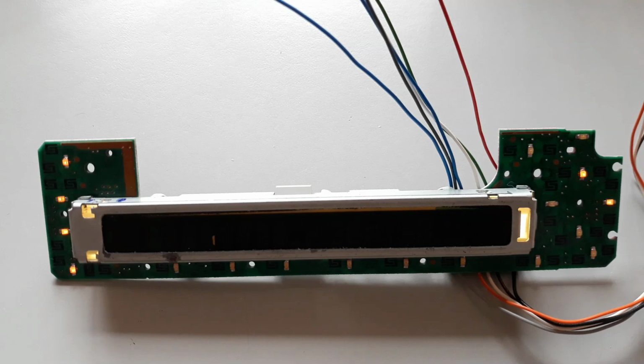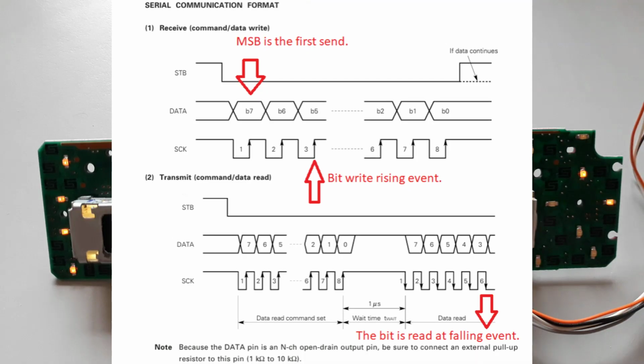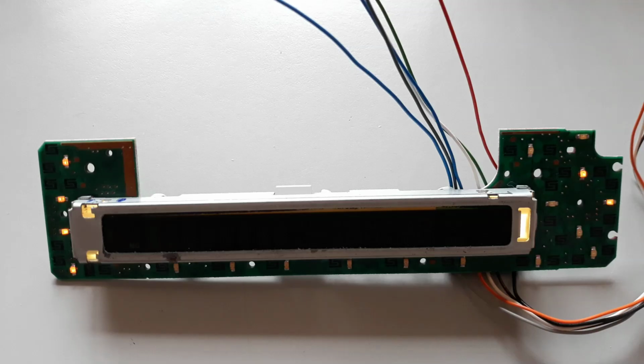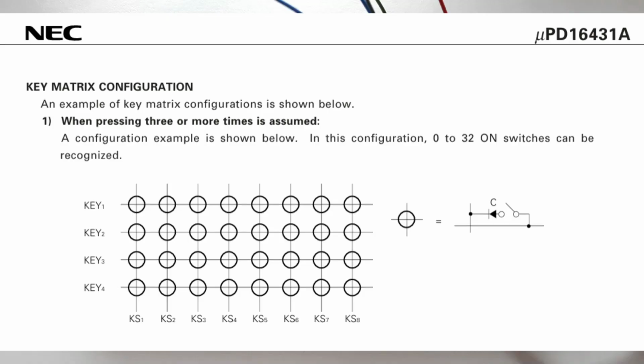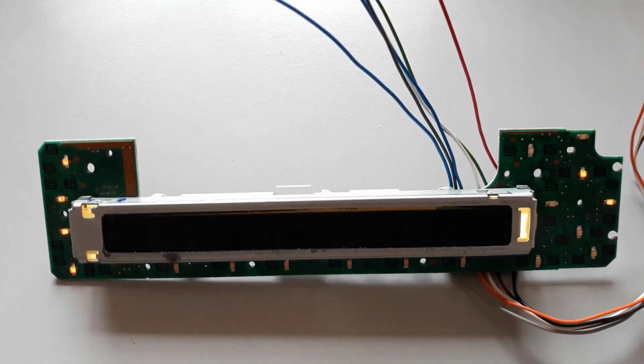Looking at the pin description, we find another important detail. Data is written into the driver on the rising edge of the clock signal, while key scanning takes place on the falling edge. The driver supports a 4x8 keyboard matrix, allowing up to 32 keys.